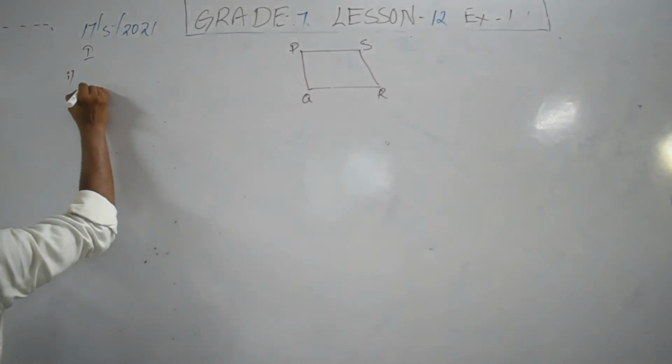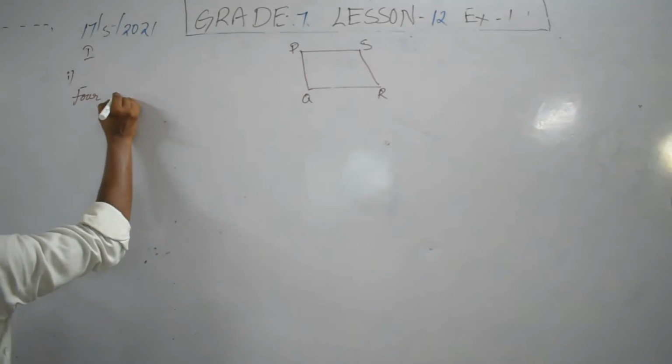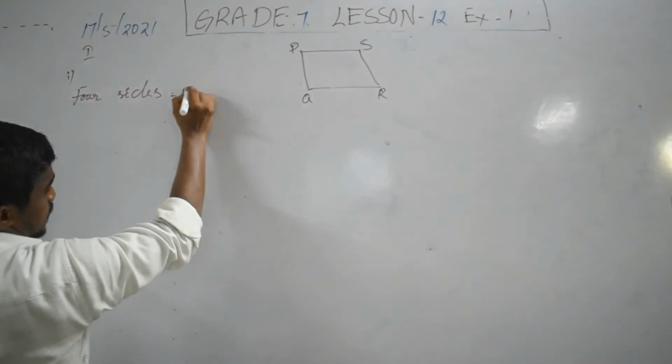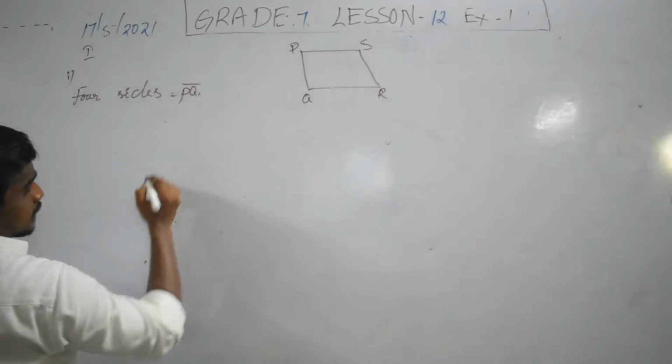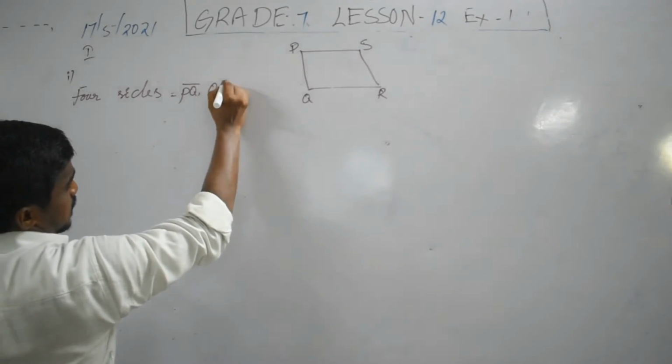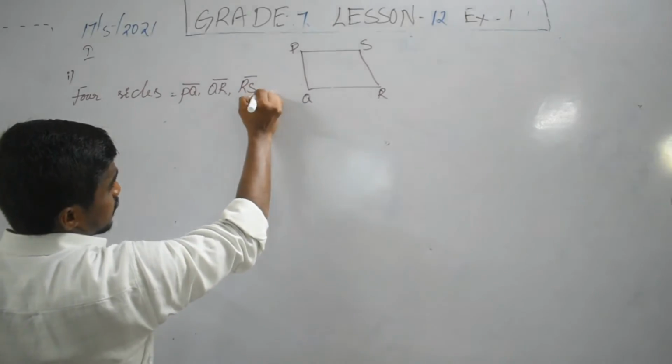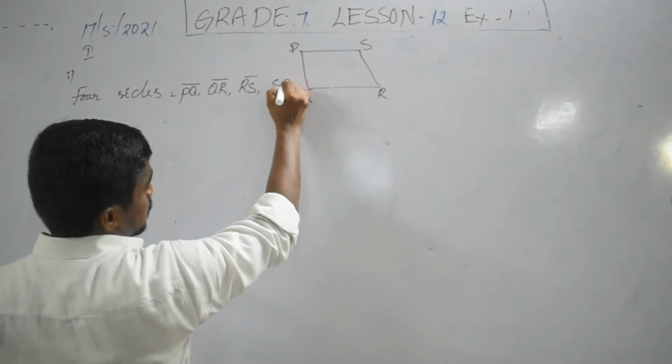So 4 sides in this quadrilateral. What are they? PQ one side, next QR one side, next RS one side, next SP one side.